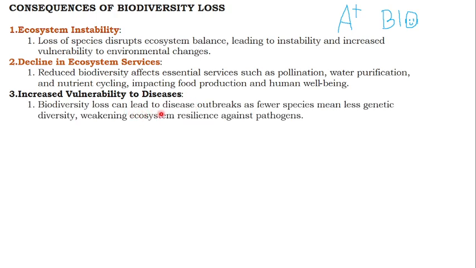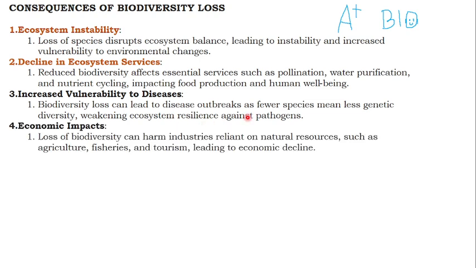Biodiversity loss can lead to disease outbreaks, as fewer species means less genetic diversity, weakening ecosystem resilience against pathogens. So there is economic impact: when there is a loss of biodiversity, industry will lack raw materials.